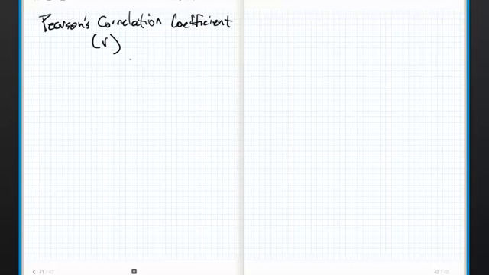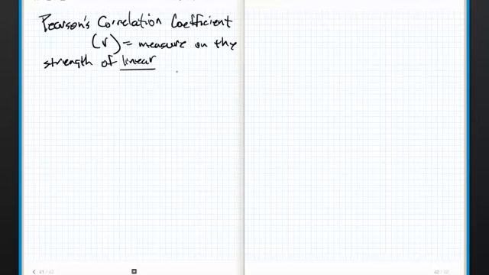All right, but Pearson's correlation coefficient is the measure of the strength of the linear. Just linear for now, okay?